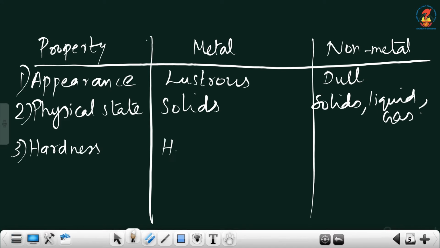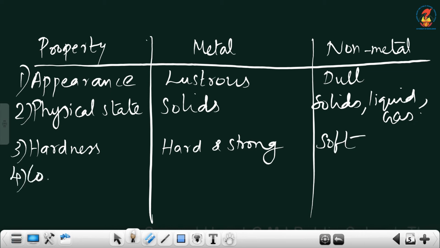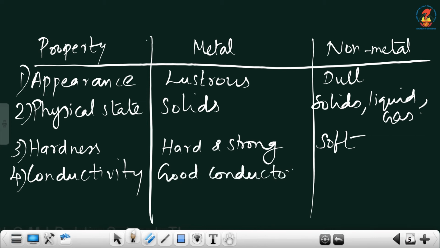Metals are hard and strong. Non-metals are soft. Generally they are soft. Then, regarding conductivity. Conductivity of heat and electricity. Metals are good conductors. Non-metals are poor conductors.